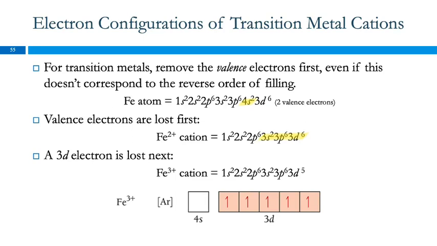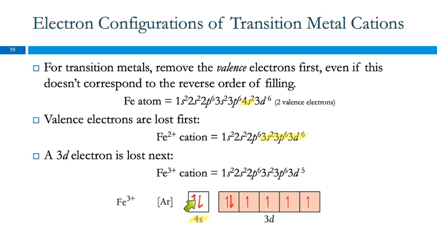So if we look down here, this is the orbital diagram for the 3+ ion. It had 3 electrons in there. This is a valence shell because it's 4, right?